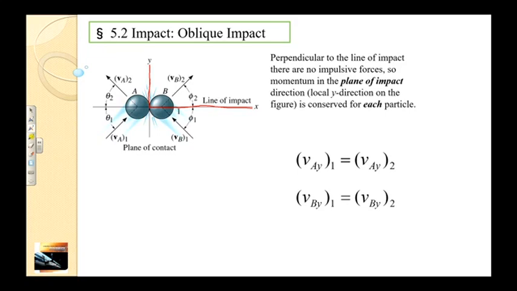So, it looks like that. Line of impact. Now, put a local coordinate system on these. Line of impact, maybe that's my x prime. Plane of impact, whether I go down or up, it doesn't matter. That's my y prime direction.